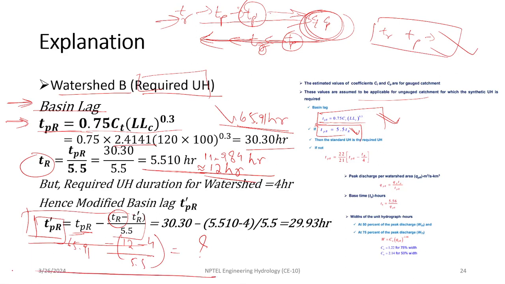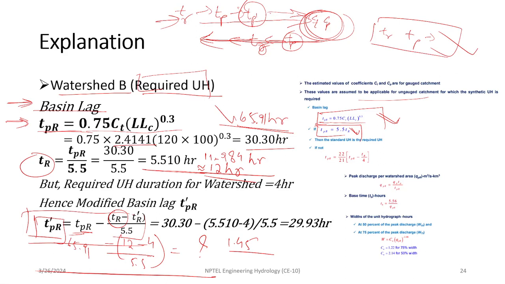That is a modified value depending on the duration of storm. 1.45. Okay, you are getting 1.45. Wait for others, let me calculate also. You have 65.91, subtract.